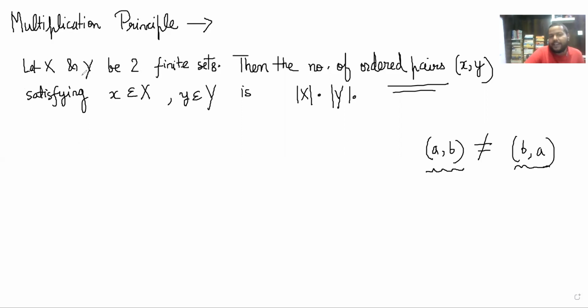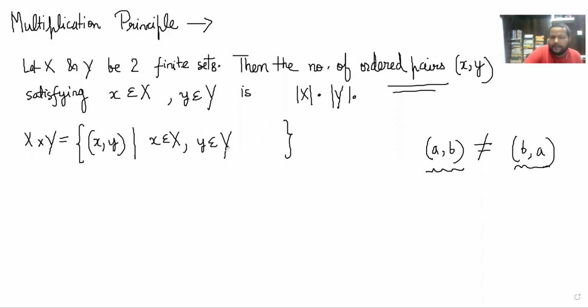So if X and Y are two finite sets and we want to create ordered pairs, then basically what we are doing is creating this Cartesian product. When you go to 11th standard, or if you are in 11th standard, you can look at NCERT and it has this Cartesian product of two sets. A Cartesian product is basically just a collection of all such ordered pairs (x, y) such that x belongs to X and y belongs to Y, right?